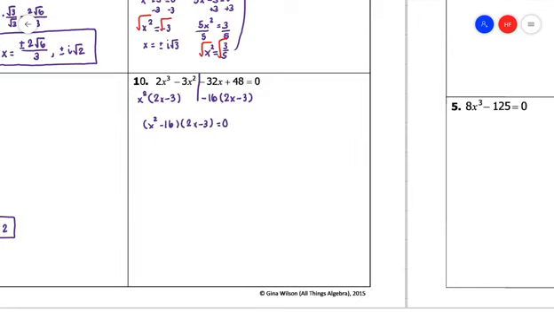And so I'd be tempted to stop there and say, okay, let me set each of these equal to 0. But x squared minus 16 is the difference of squares. So that factors to x plus 4, x minus 4, and then 2x minus 3. So now I'm going to take each of these and set them equal to 0. X is negative 4.